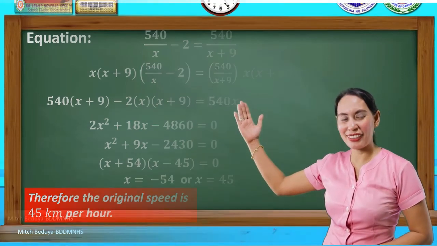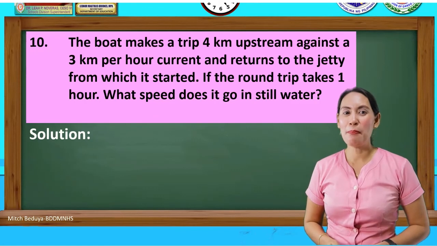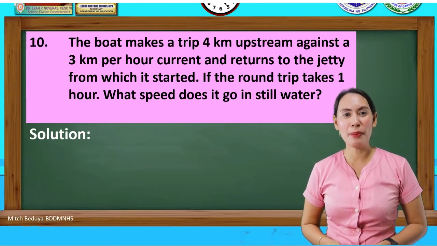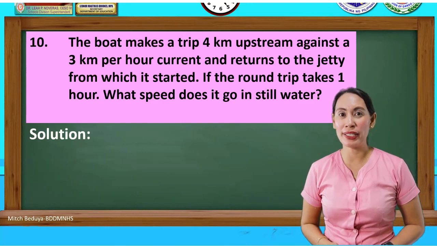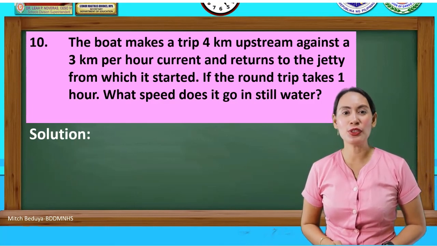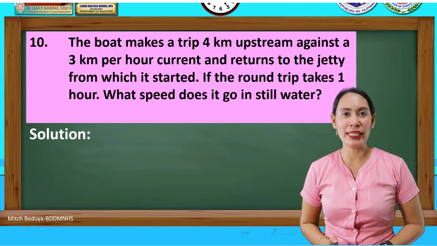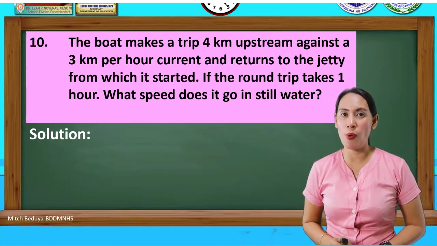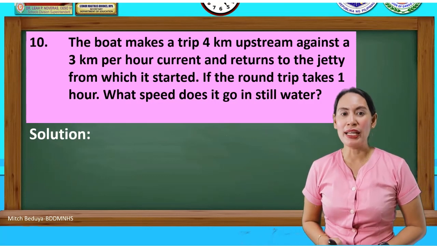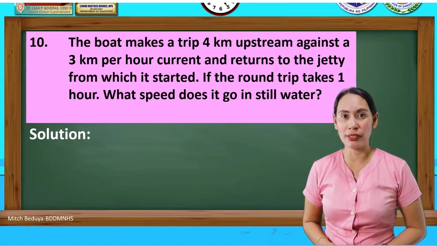Example number 10. A boat makes a trip 4 kilometers upstream against a 3 kilometer per hour current and returns to the jetty from which it started. If the round trip takes 1 hour, what speed does it go in still water?